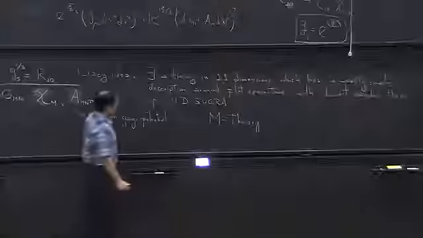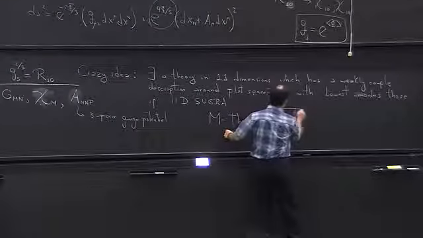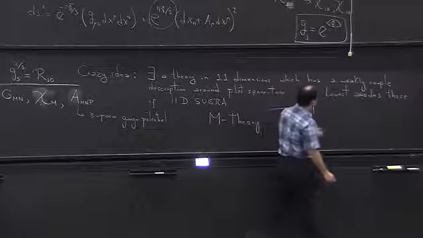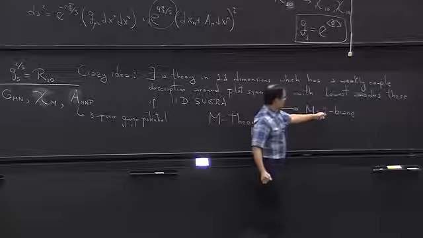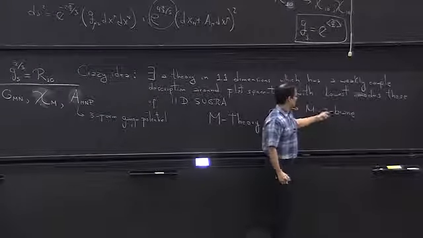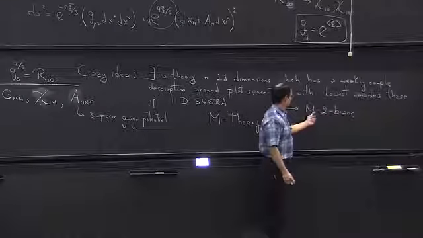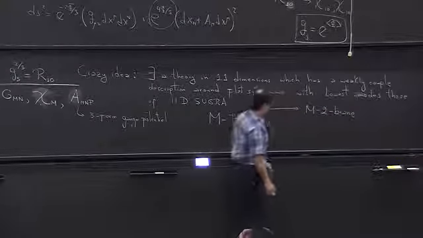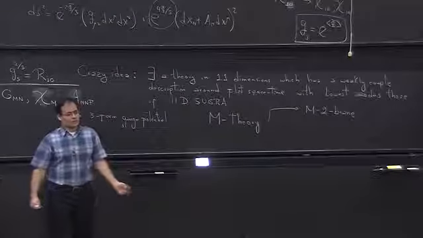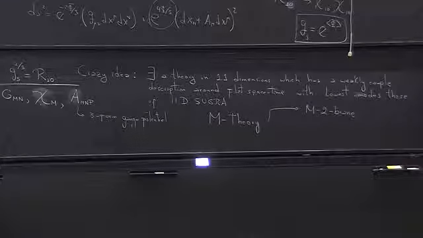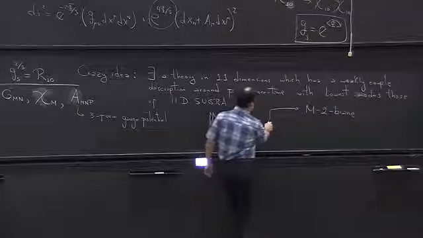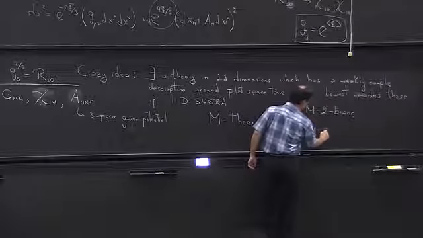So this theory, whatever it is, contains a membrane, or we can call it an M2 brane, just to keep the tradition of calling p-branes by the p. Let's just stick the 2 inside instead of the M. Okay? What's the magnetic dual of this object? It's a 5 brane. So the magnetic dual of this guy is an M5 brane.